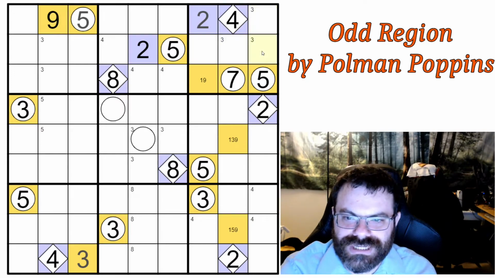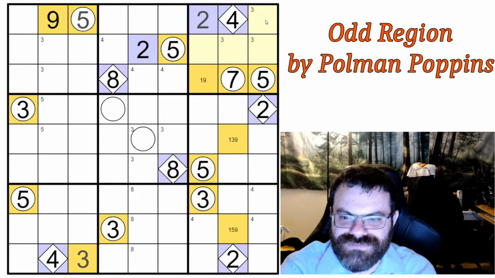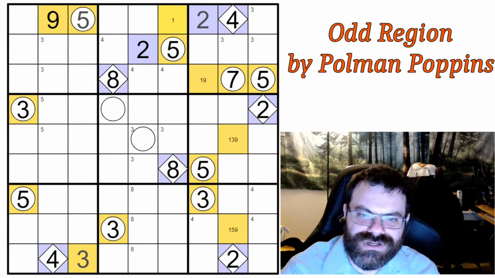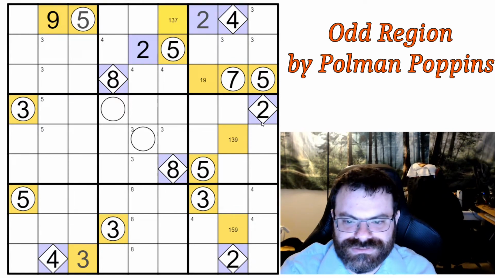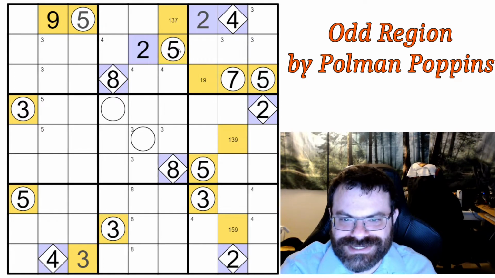So the 2 evens that are left in this box finish off this 4 diamond, which means this has to be odd. And it's a 1, 3, or 7. Wow, I feel like every little cell that I get is its own piece of logic. That's kind of fun, though.